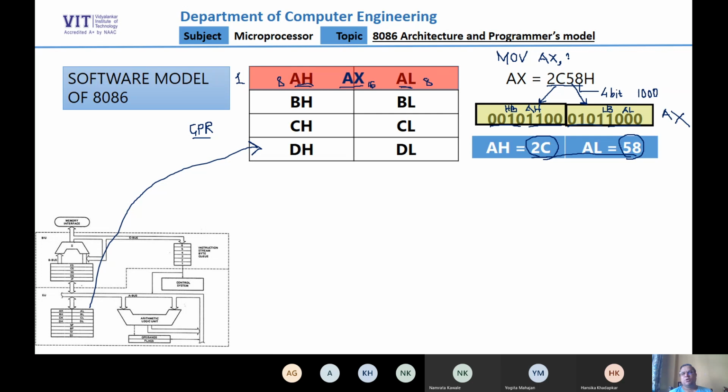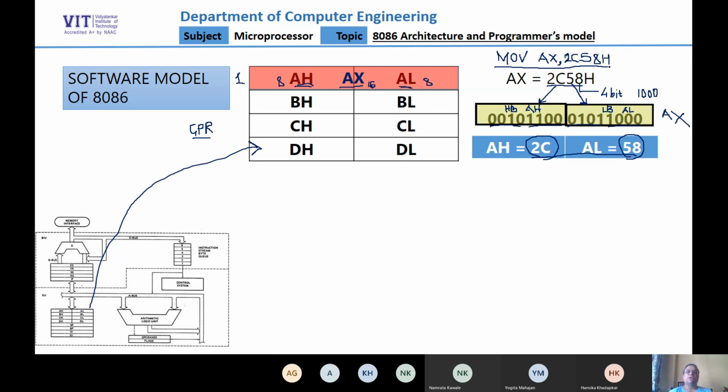The number that I wanted to store is 2C58. So I can write 2C58H directly as a part of the instruction. If I write this instruction in my program, this number 2C58H will be stored in the AX register like this. Or this operation can be performed by using two instructions.